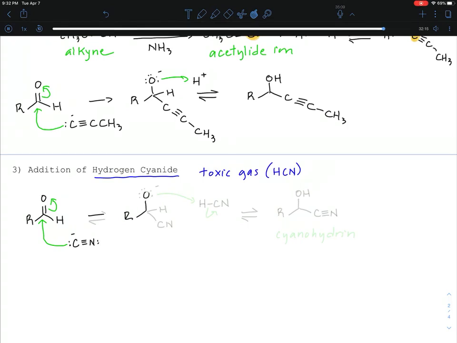So I get this intermediate. I'll draw the hydrogen in. And then the hydrogen cyanide comes in. So we've created this in situ, so in the flask, right?